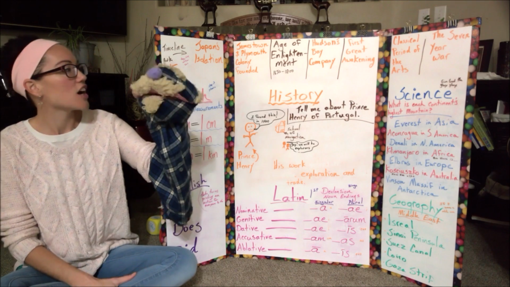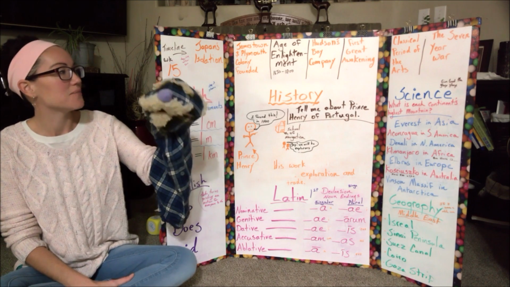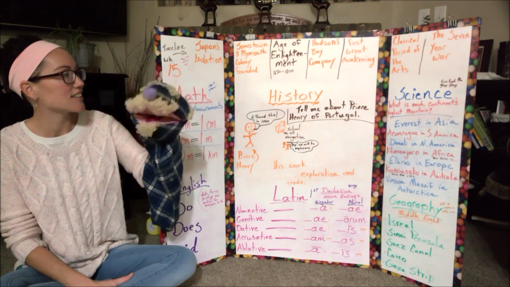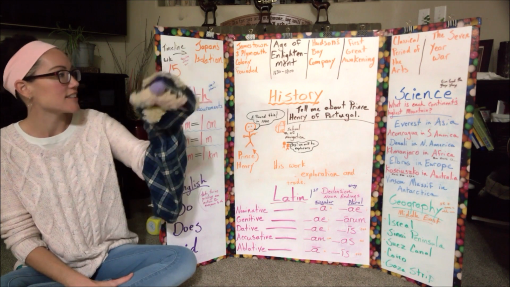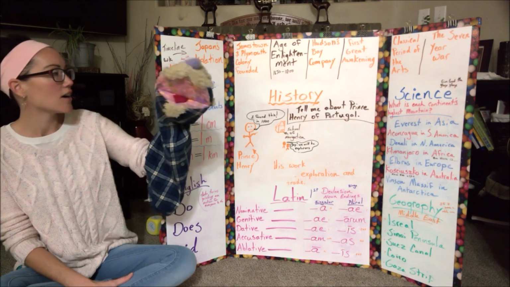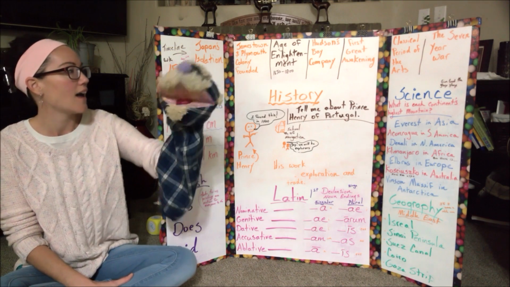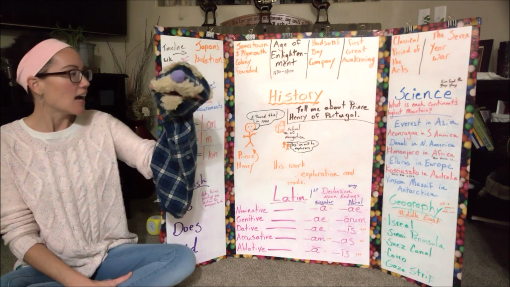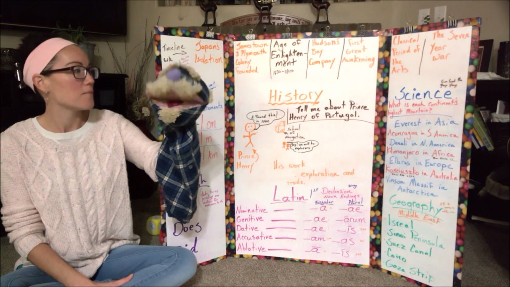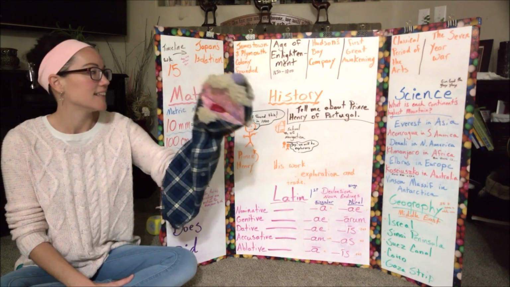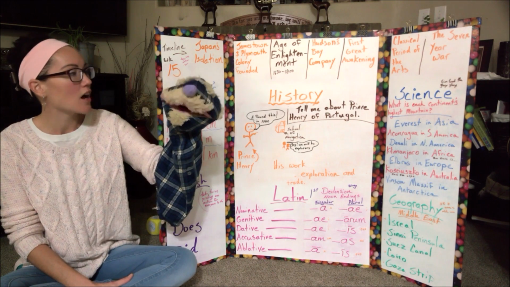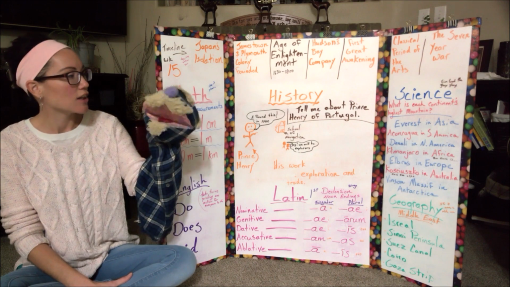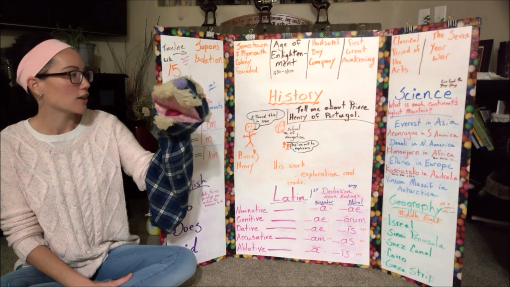Science. Let's try to do a rap. What is each continent's highest mountain? Each continent's highest mountain is Everest in Asia, Aconcagua in South America, Denali in North America, Kilimanjaro in Africa.